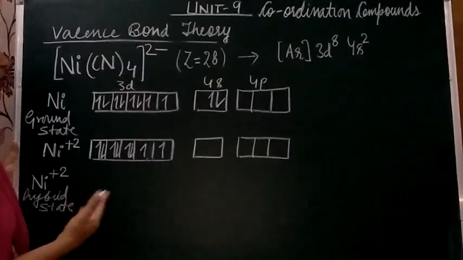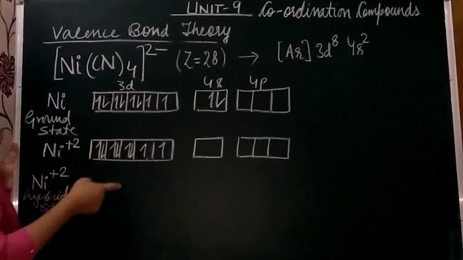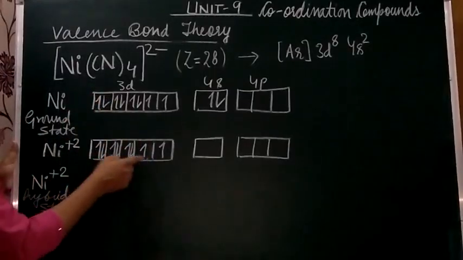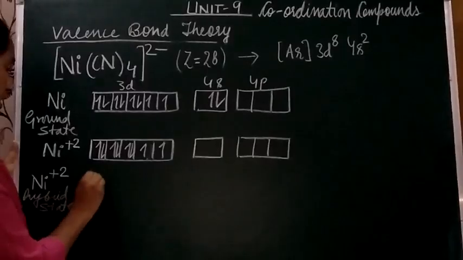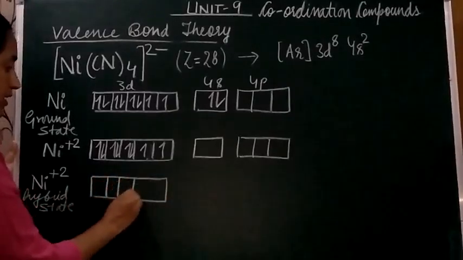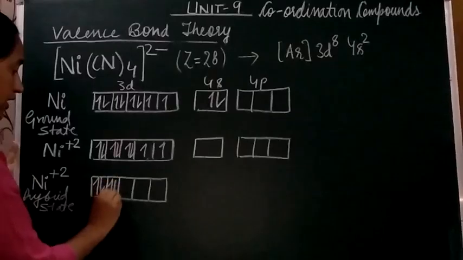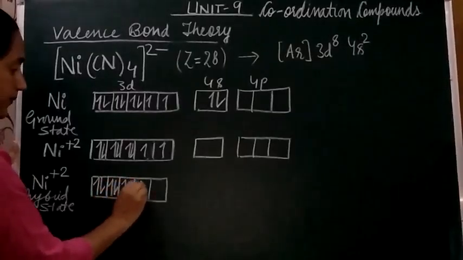But here again one twist is there, that the experimental data reveals that it has no unpaired electrons in the 3d subshell. But if we just look here, we are getting 2 unpaired electrons. That means the pairing of electrons has taken place again, right?